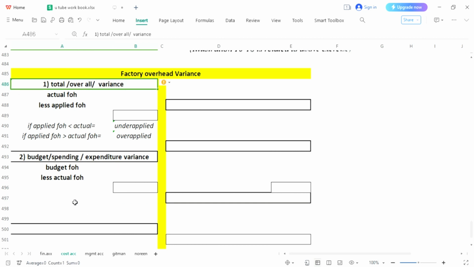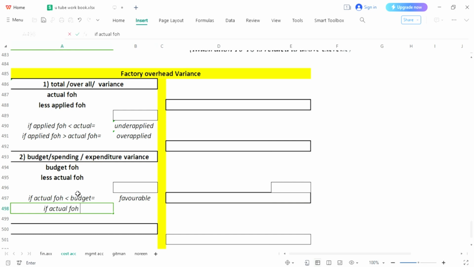We will be focusing upon actual. So if actual FOH is less than budget, whenever you spend less in actual, it would be favorable for you. Or if actual FOH is more than your budget FOH, obviously, if actually you are spending more, it would be unfavorable.